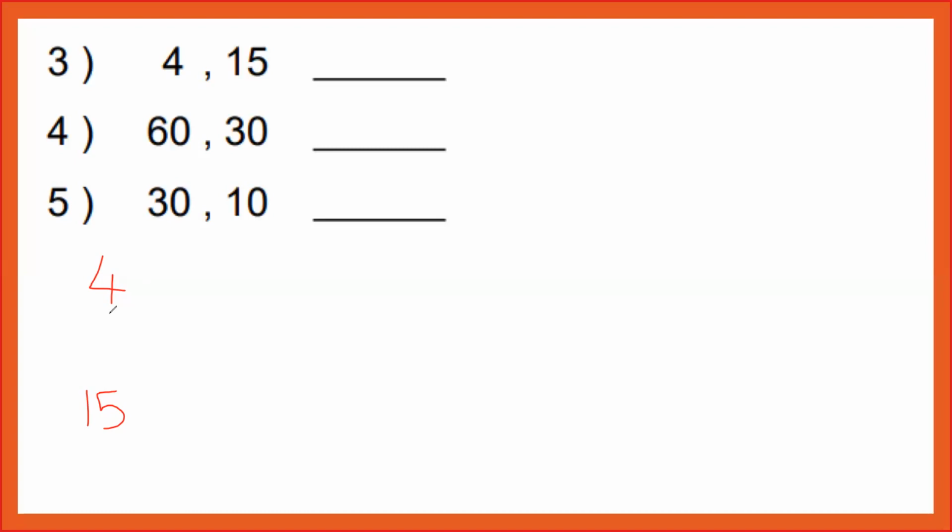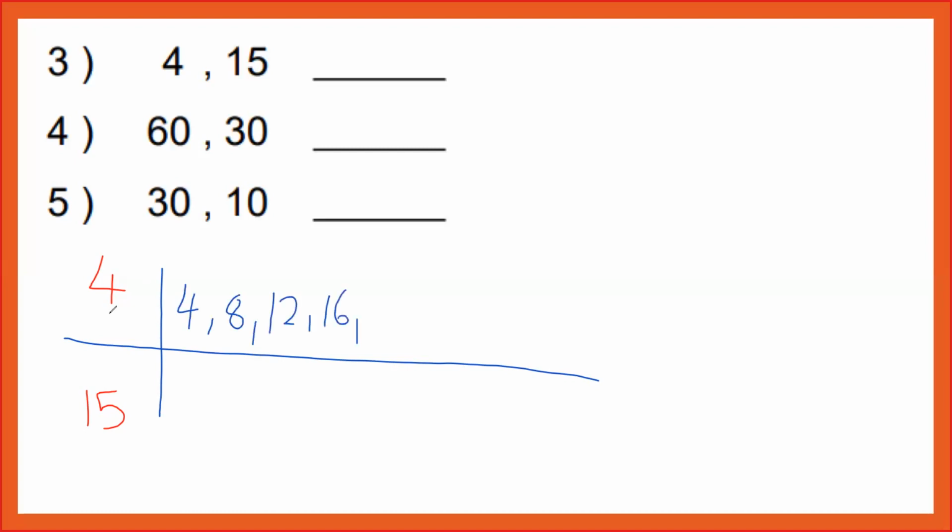Here we have 4 and 15. I will list the multiples. What are the multiples of 4? 4, 8, 12, 16, 20, 24, 28, and then 32.